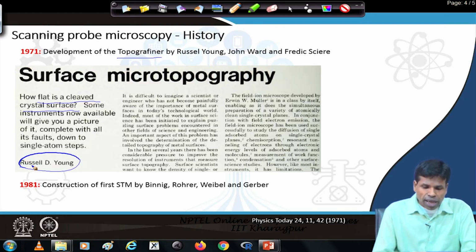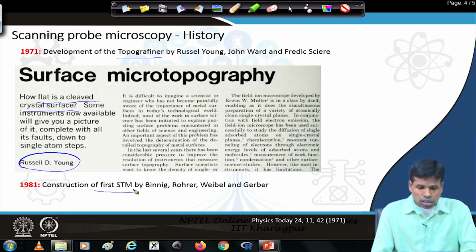Subsequently, in 1981, the first scanning tunneling microscope was constructed by Binnig, Rohrer, Weibel and Gerber.